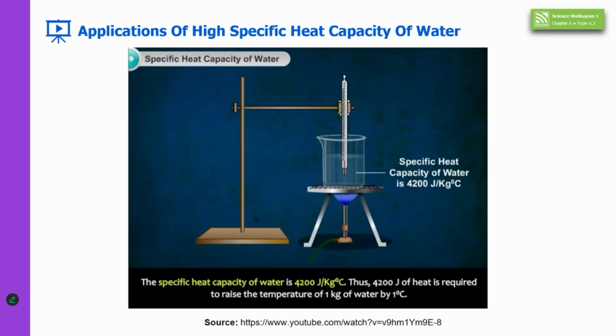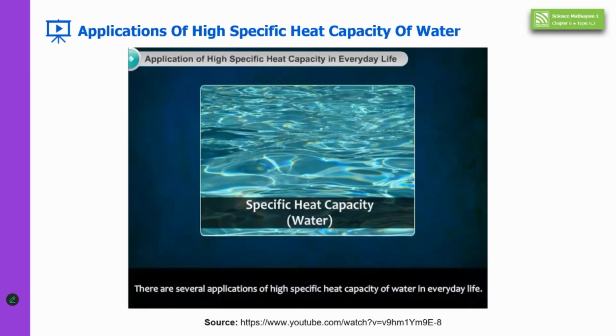The specific heat capacity of water is 4200 joule per kilogram degree Celsius. Thus, 4200 joule of heat is required to raise the temperature of 1 kilogram of water by 1 degree Celsius. There are several applications of high specific heat capacity of water in everyday life.